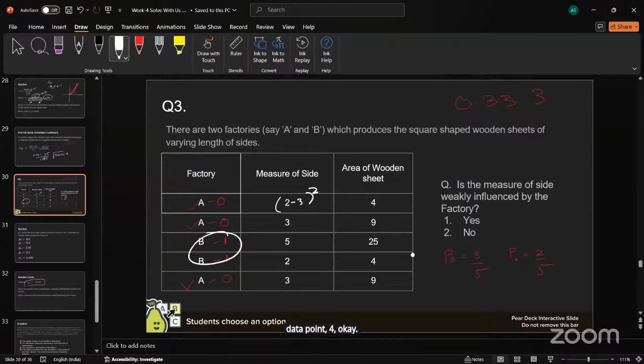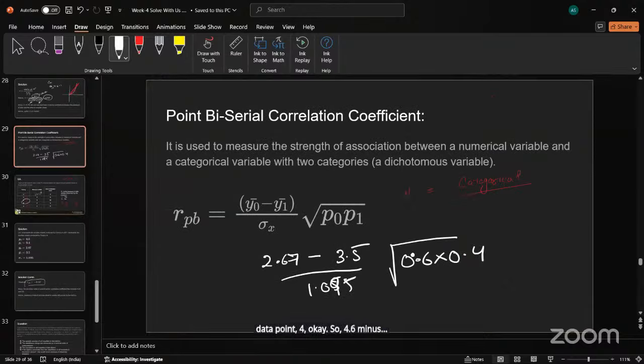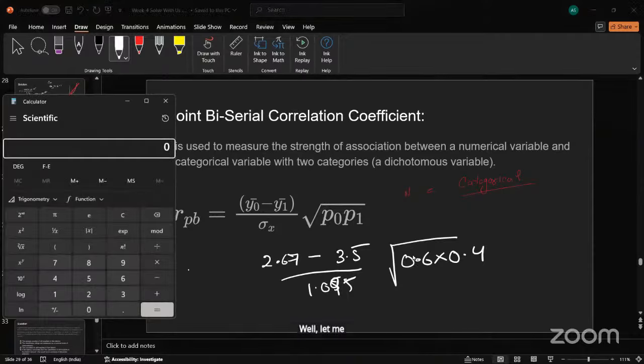So 2.67 minus 3.5 is minus 0.83, divided by 1.095.